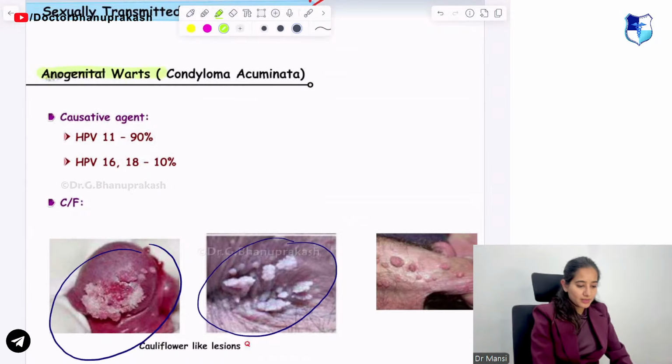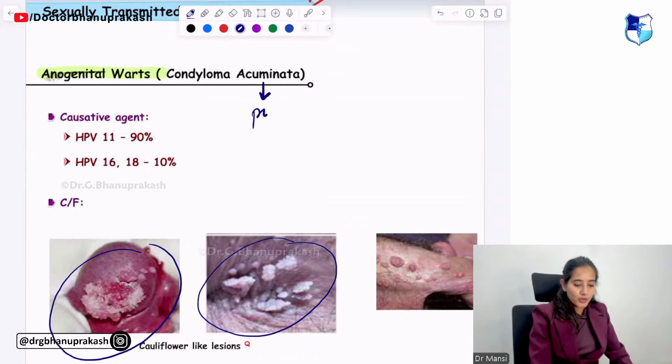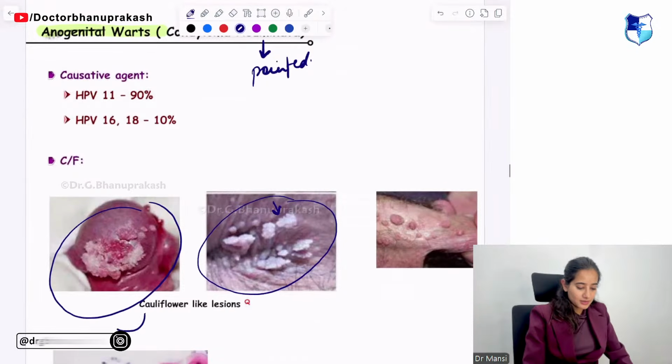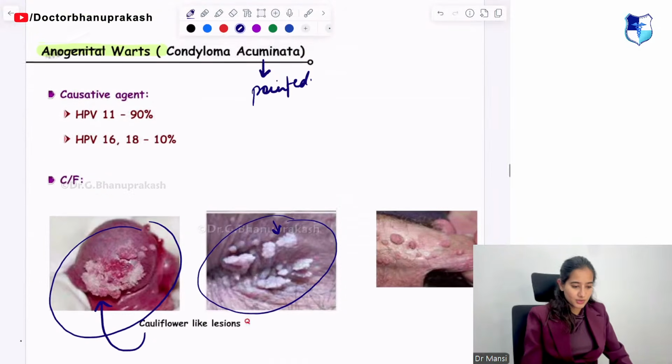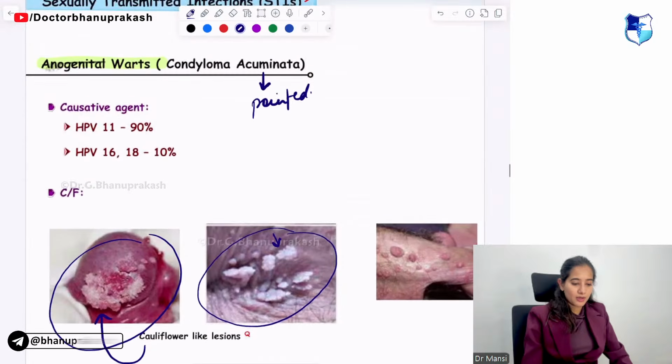So the anogenital warts, your condyloma acuminata. This acuminata is for pointed lesions. Okay, so you can see the lesions are pointed like this, and later on it becomes cauliflower-like lesions. So this is condyloma acuminata. It has been asked, so you have to keep this in mind.